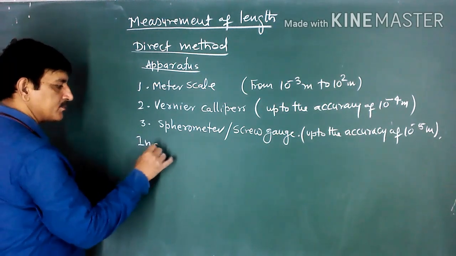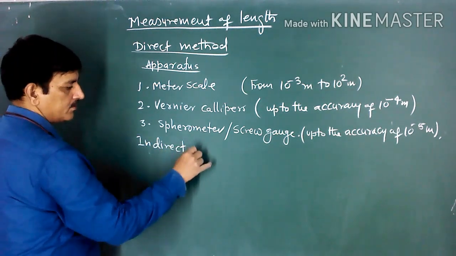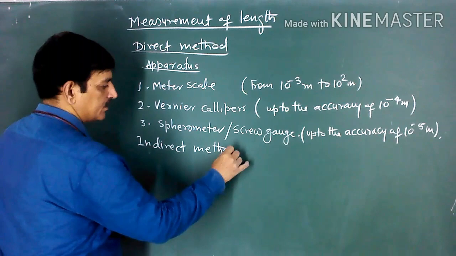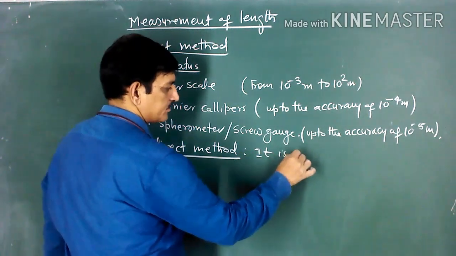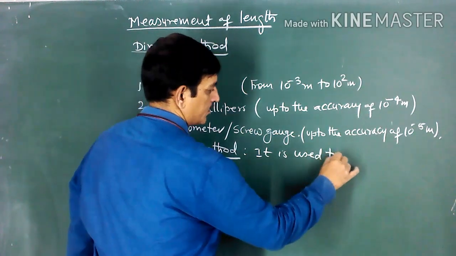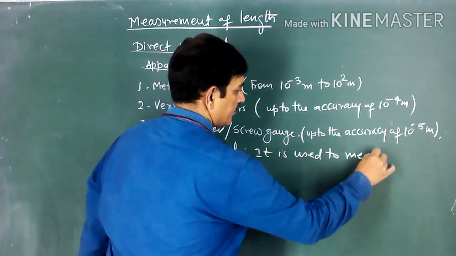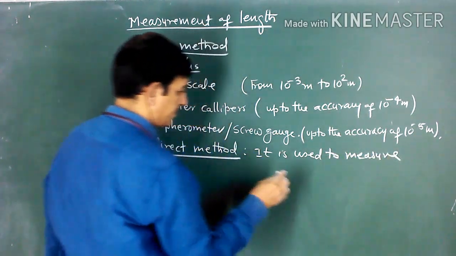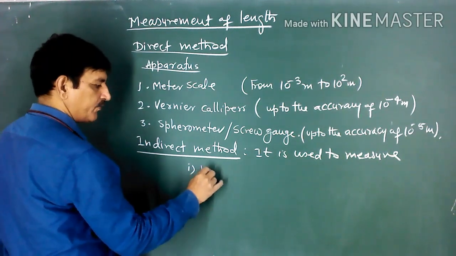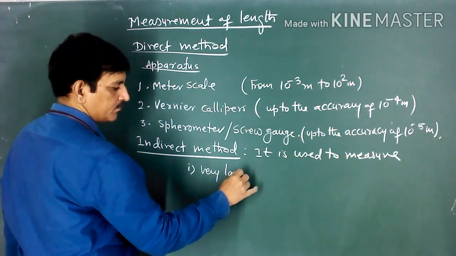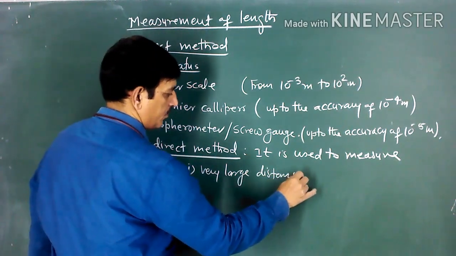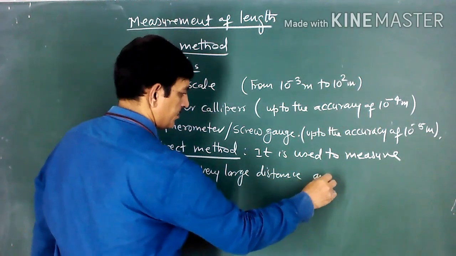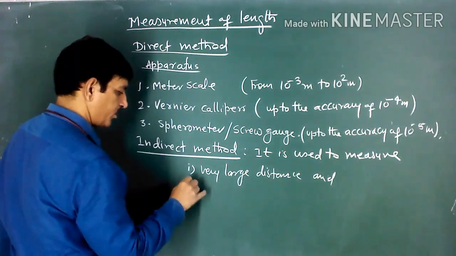So the indirect method is used to measure, number 1, very large distance, and very small distance too.